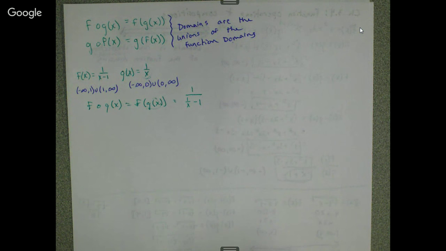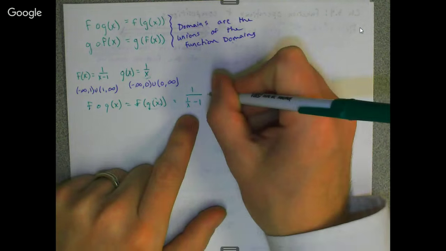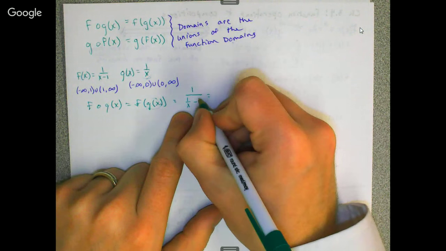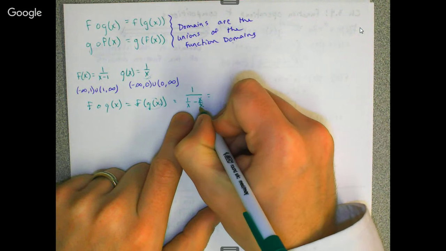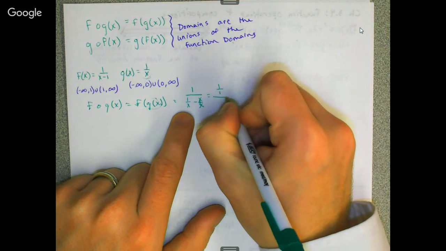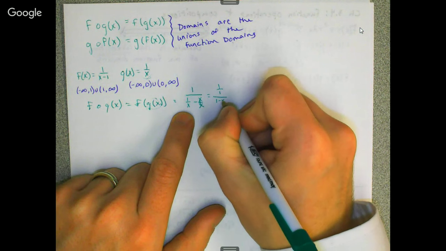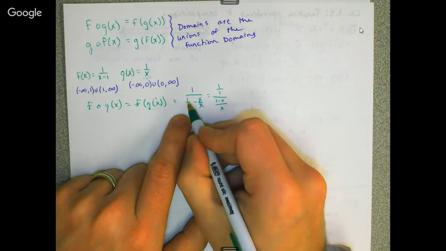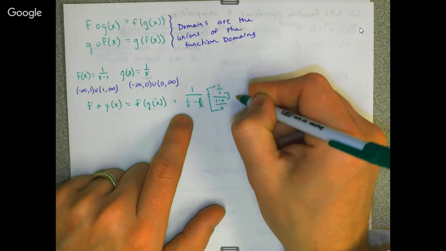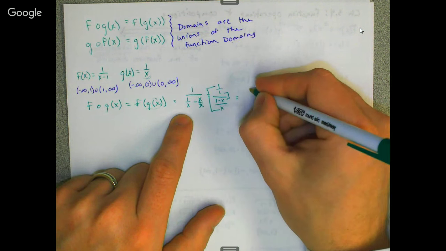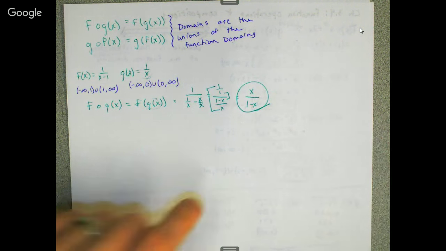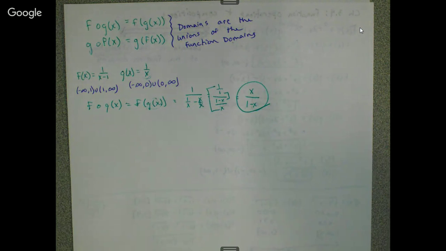Now I can't leave it like this, so we're going to have a common denominator in the bottom. So it'd be x over x. I'm going to change this to 1 over 1 minus x over x. So I'll combine these now. We'll do outers over inners to divide those fractions. So I have x over 1 minus x. So that's the actual composition of the two functions.